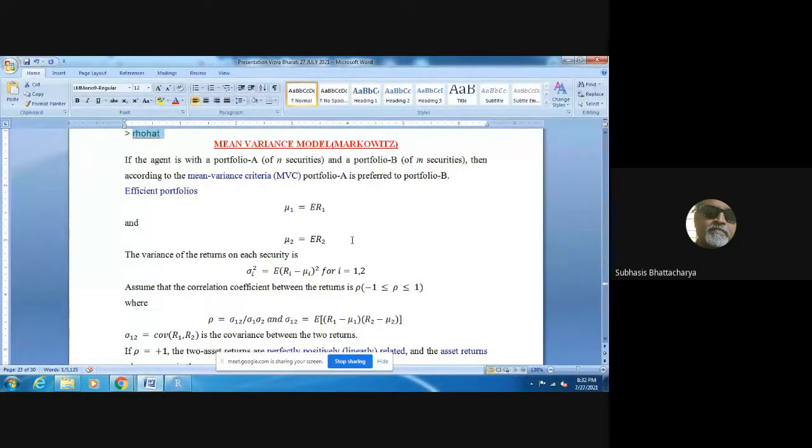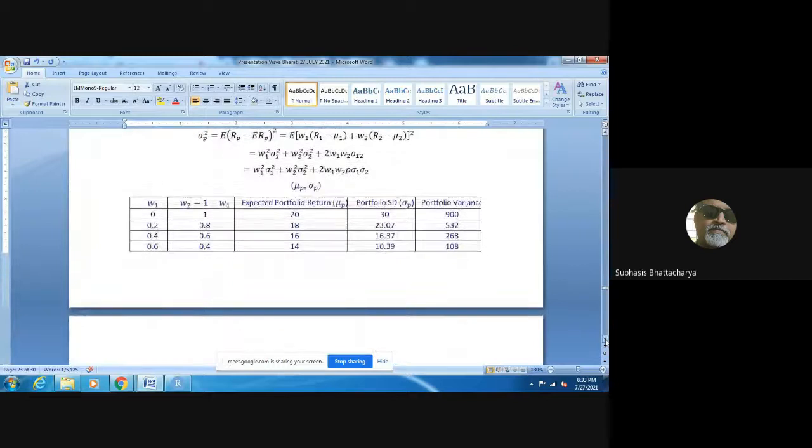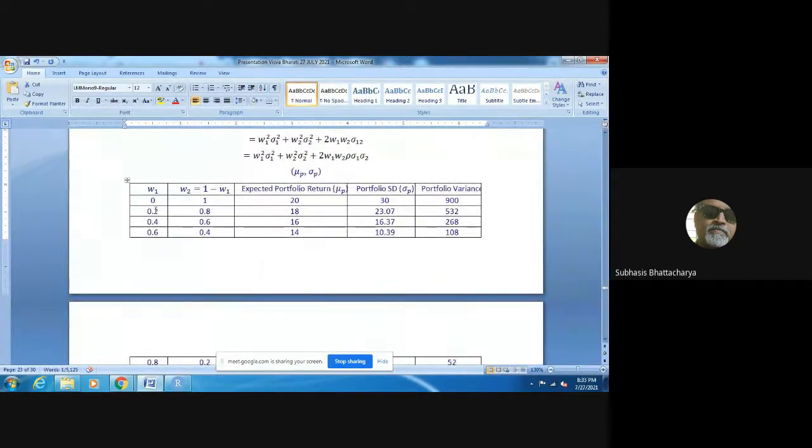Because time is already over, I'm going directly to an example to give you understanding. Suppose my share of the assets is like this: W1 is 0 for the first asset, and W2 is full, all the money invested in the second asset. The next position is 20%, 80%, this kind of thing.